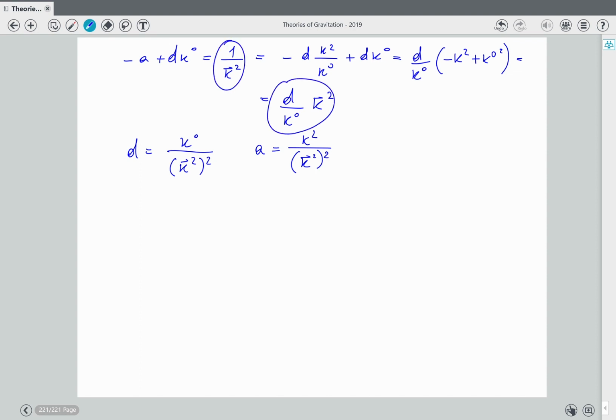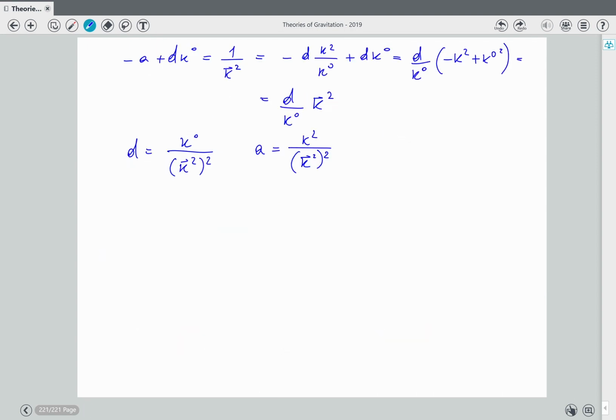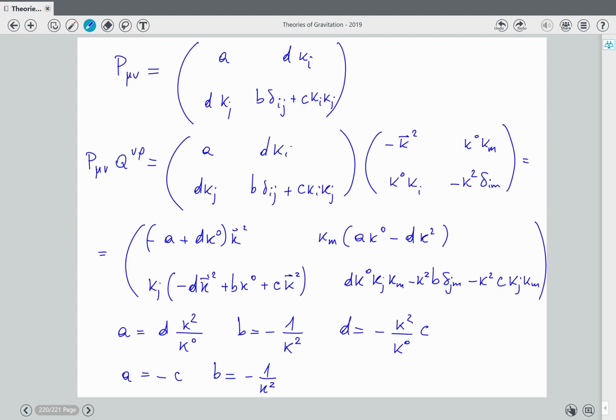Yes, and then you had another k squared before. Where? And the bit before, in the up left, you had the k squared. Not left of the matrix. A is equal to dk squared divided by k0. Don't understand what you're saying. There is a k squared here, but that's c. That's another story.